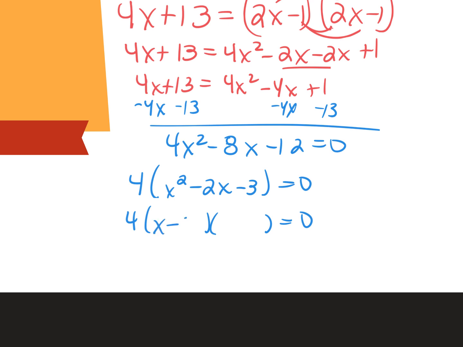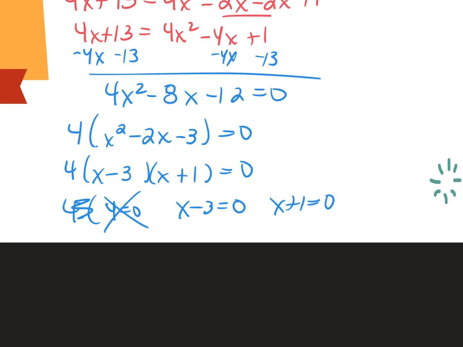Yes, that'd be x minus 3 and x plus 1. So when we solve this, we have 4 equals 0, x minus 3 equals 0, and x plus 1 equals 0. So this is an untrue statement, so don't have to worry about that. Here I have x equals positive 3, and here I have x equals negative 1.